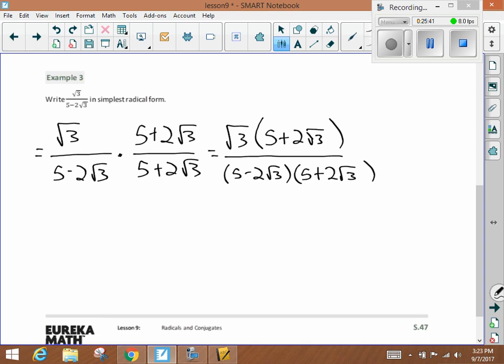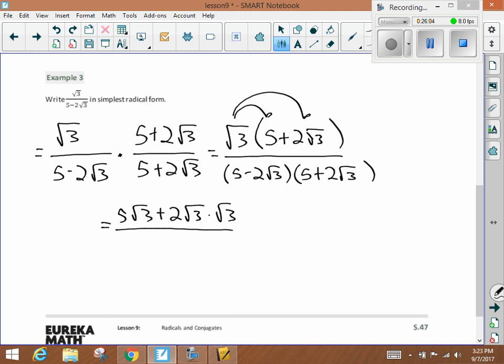And now we're going to distribute. So root 3 times 5 is 5 root 3. Root 3 times 2 root 3 is going to be essentially 2 times root 3 times root 3.